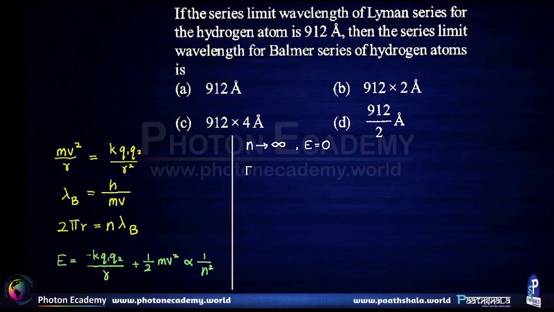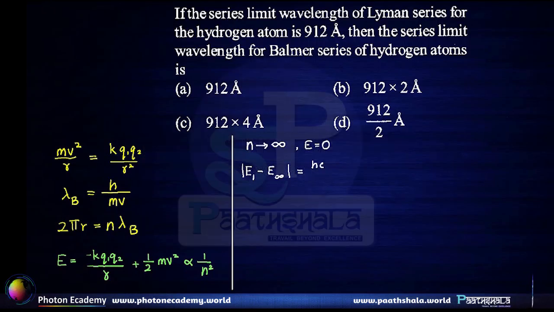We have energy of n is equal to 1 minus energy of n is equal to infinity. The magnitude of this is given to be hc by lambda, which is the wavelength of the photon associated with this transfer, and this lambda is equal to 912 angstroms.